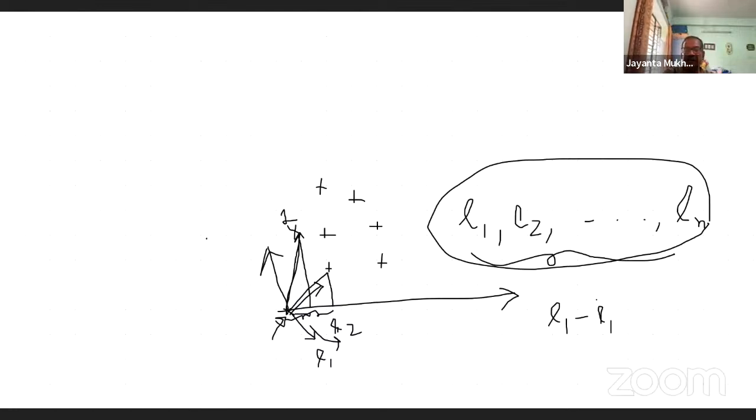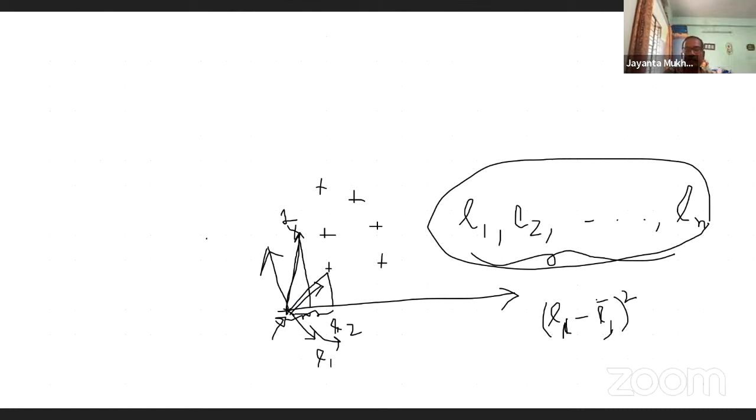So if I say the mean is L bar and this is Li, I will take the square because these are all scalar values. These are all lengths along a particular direction from a point.